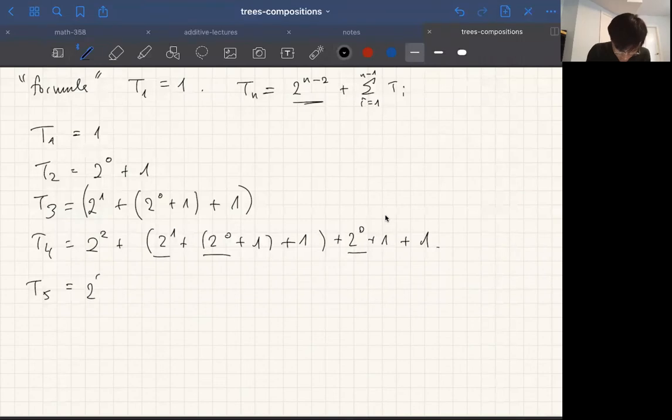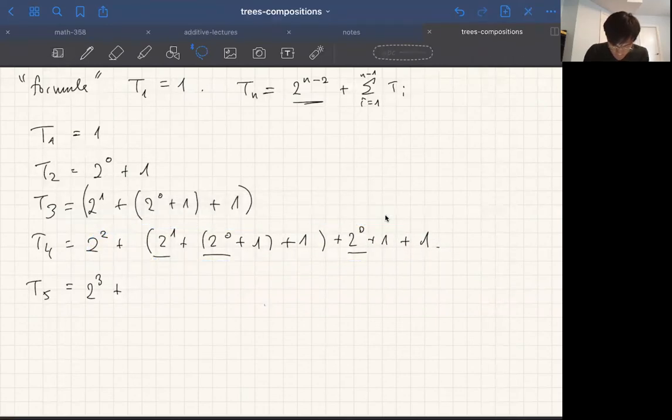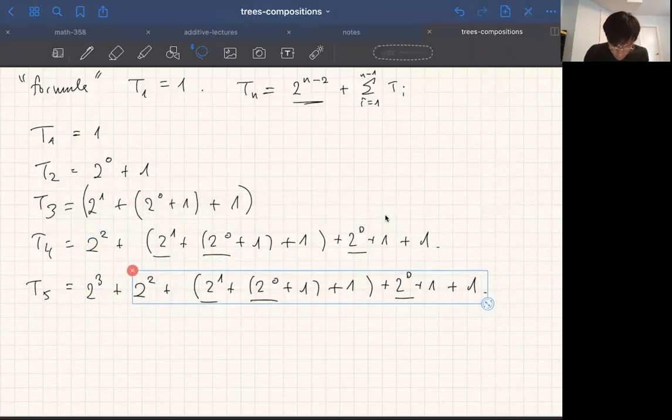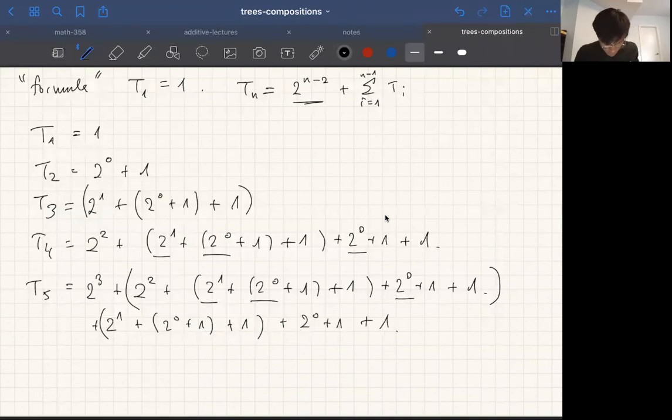So 2 to the 3 plus this whole thing. I'm just going to copy it. Copy, paste, and then plus 2 to the 1 plus 2 to the 0 plus 1 plus 1 plus 2 to the 0 plus 1 plus 1.